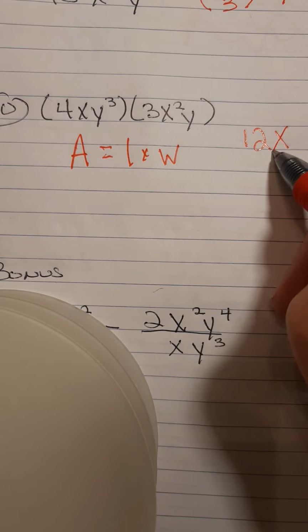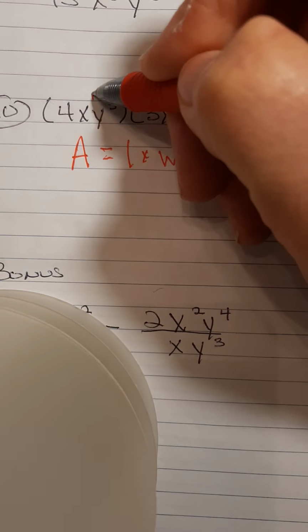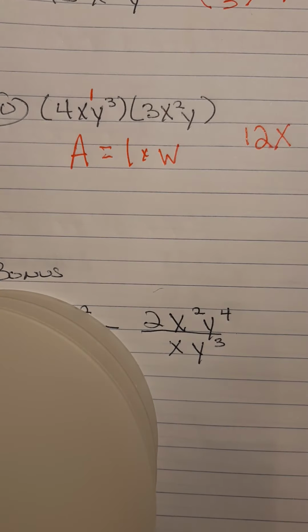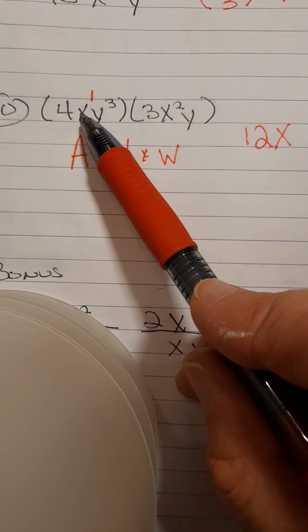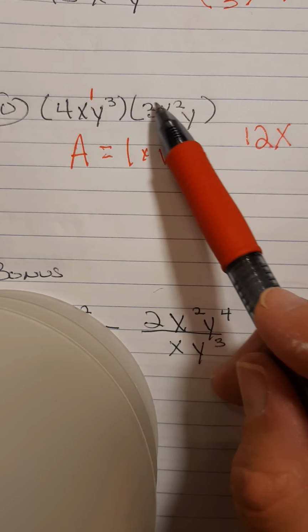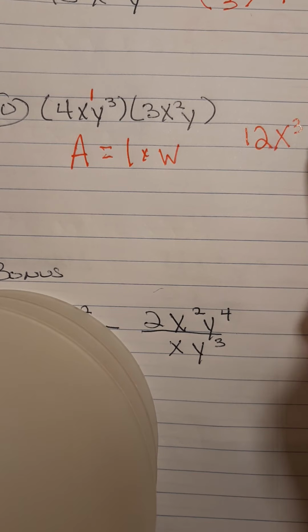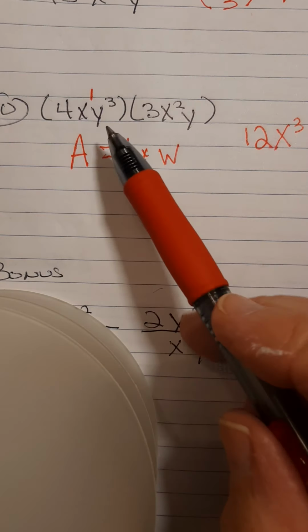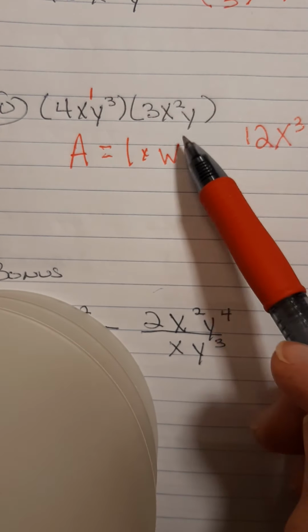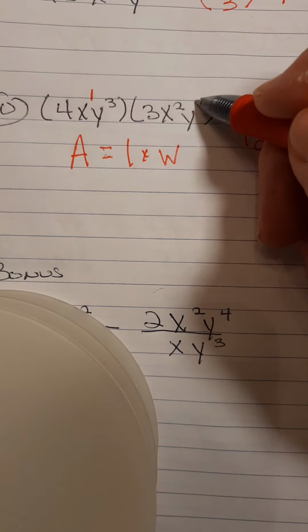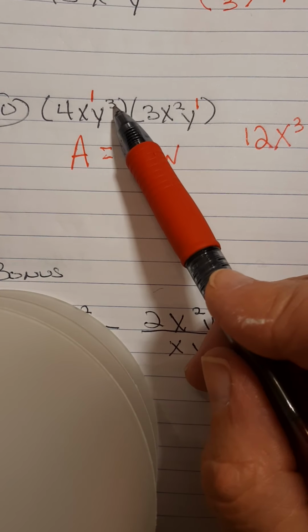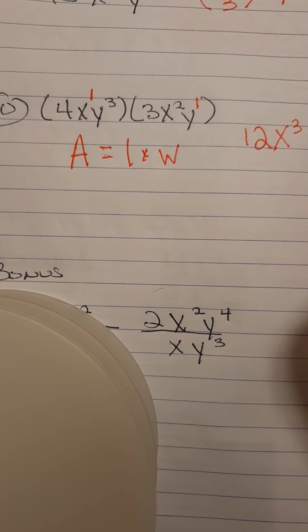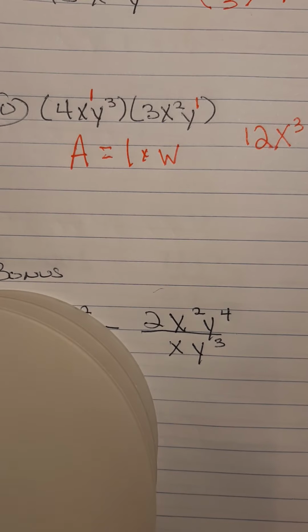Then we move on to our x's. X again to the first. It's assumed if there's nothing there. So it's like x to the 1 plus 2, or x cubed. Y cubed times y, again assumed to the first, is like saying y to the 3 plus 1, or y to the 4th.